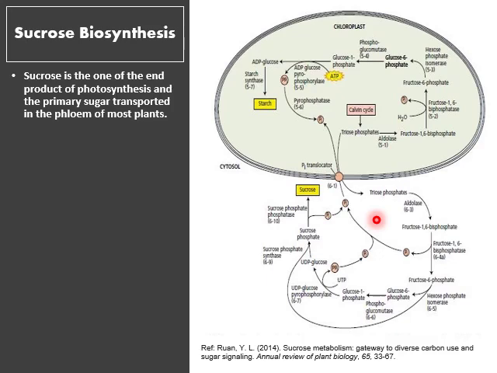As I told you, one of that is the concentration of inorganic phosphates in the cytoplasm, and later we will see its role in the regulation of sucrose biosynthesis.